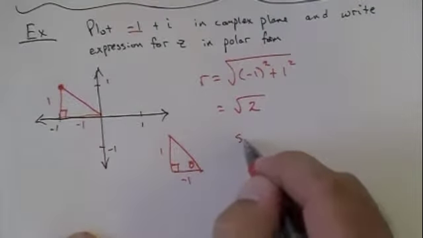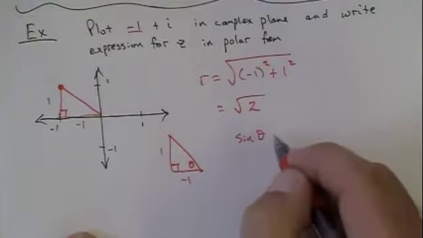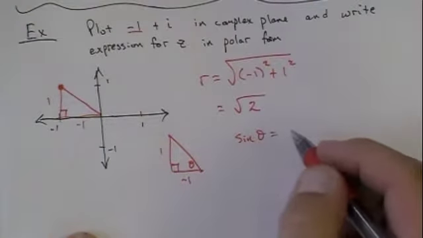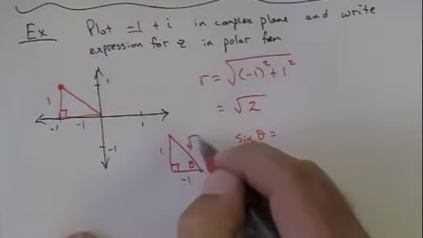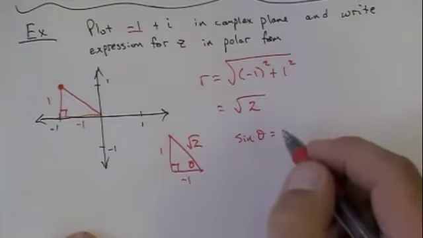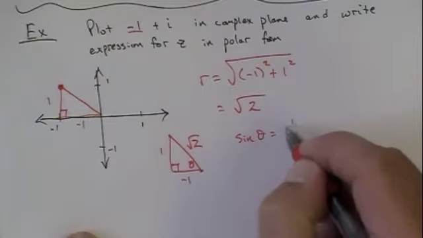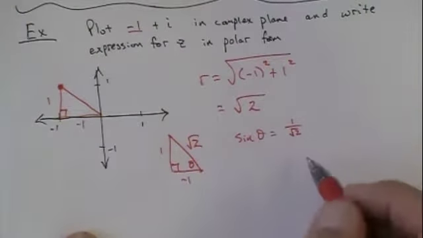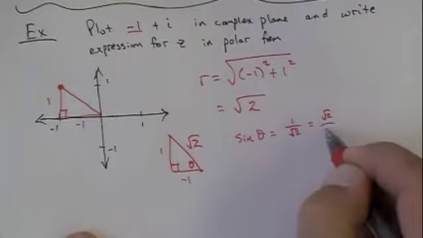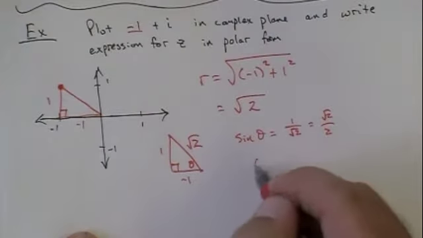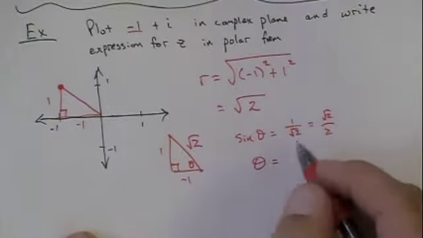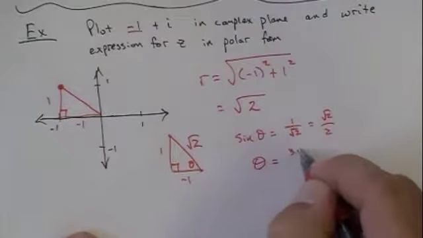We could set this up as sine of theta is equal to, now we just found our r value there to be the square root of 2. So we have sine of theta is equal to 1 over the square root of 2. That's equal to square root of 2 over 2. And so now we're looking at theta would be equal to 3 pi over 4.